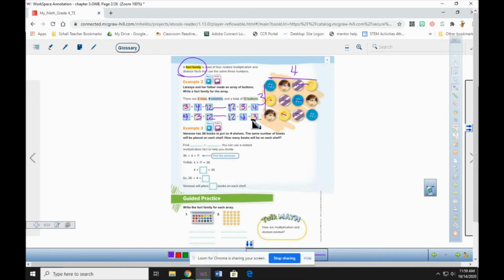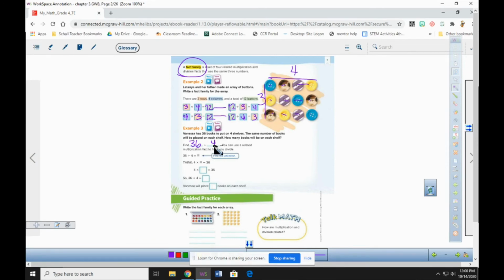Example 3. Vanessa has 36 books to put on 4 shelves. The same number of books will be placed on each shelf. How many books will be on each shelf? So we need to find 36 divided by 4. You can use a related multiplication fact to help you divide. We can use our fact family here to help us do the division problem.